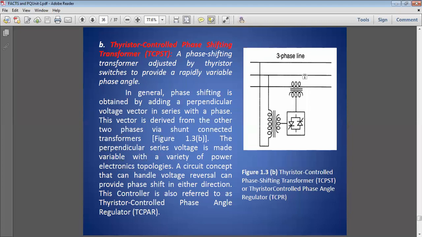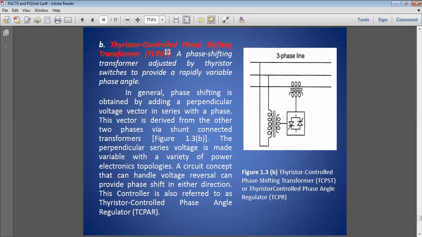So by changing the tap value, it is also possible to do the compensation, and also by phase shifting of the transformer. There are two types of phase shifting transformers that can be used for obtaining the compensation.